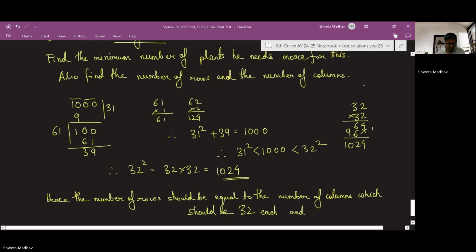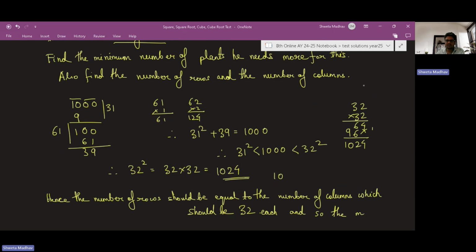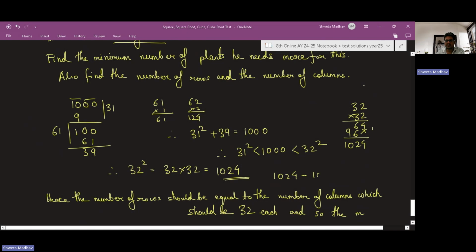And so the minimum number of plants which he needs more will be 1024 minus 1000, that is 24. So he needs 24 more plants to form the square.